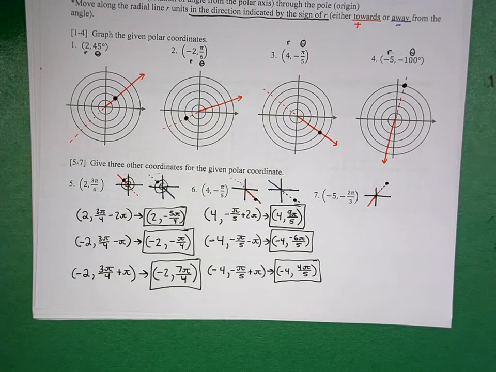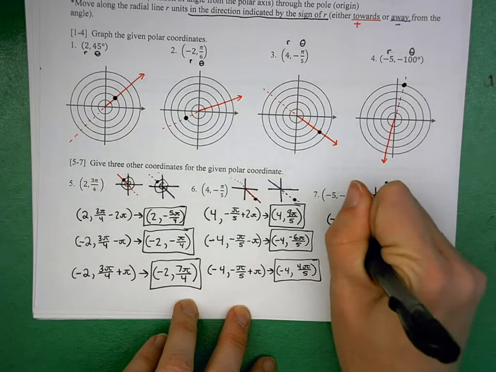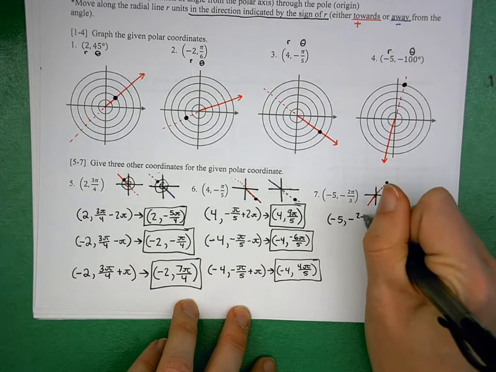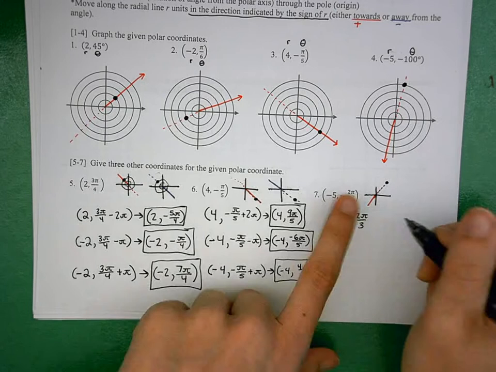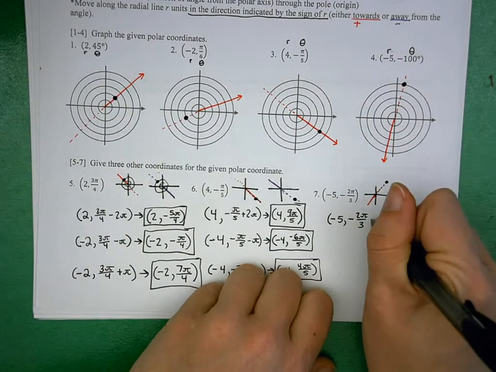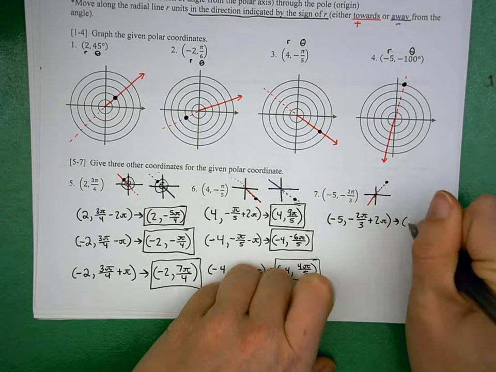Okay, so first up we have our same r, but our theta either adding 2 pi to it or subtracting 2 pi. Here we're going to add 2 pi because subtracting 2 pi would put me less than negative 2 pi. This is already negative. So I'm going to add 2 pi to it. So my r is still negative 5.